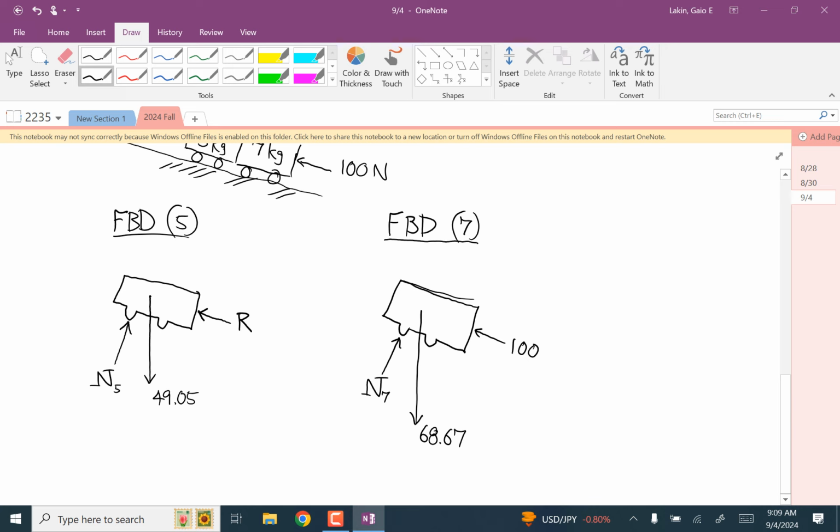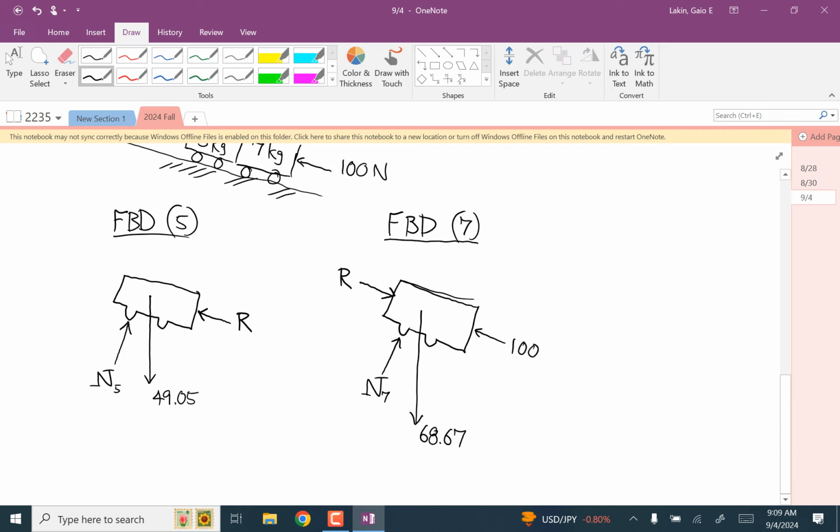And then there is a pushing force applied to the left side by the 5 kilogram cart. So that's perpendicular to the surface, toward the chosen body, but now the other body is the chosen body. And since this is a contact pair, this is a Newton's third law setup.